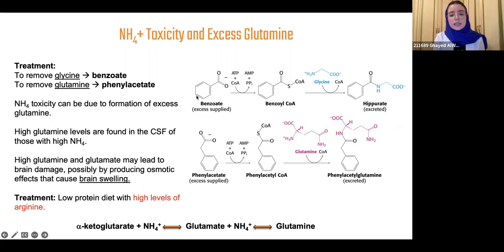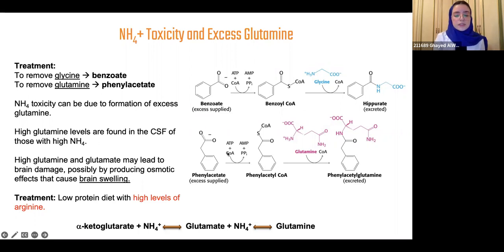This benzoate gets converted into benzoyl-CoA, and it can combine with glycine, and it makes hippurate. And the special thing about hippurate is that it can actually be excreted. So we're trying to get rid of it, right? So for glycine, we give benzoate, which can combine with glycine, and then it can be excreted in the form of hippurate. And then for glutamine, it's the same concept, but instead of using benzoate, we give phenyl acetate.